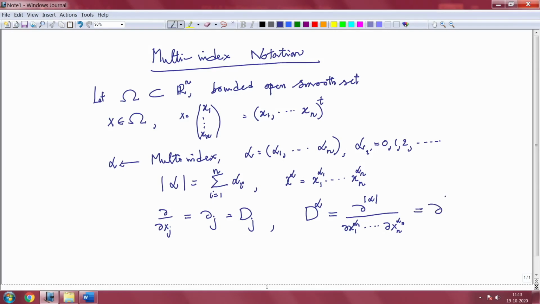If you read different books, people use different things, so you can use this notation. That is about the multi-index notation. Keep this in mind, there is nothing complicated about it. This allows you to write the derivative in a very convenient way.